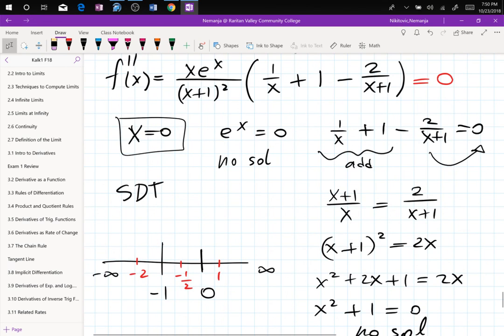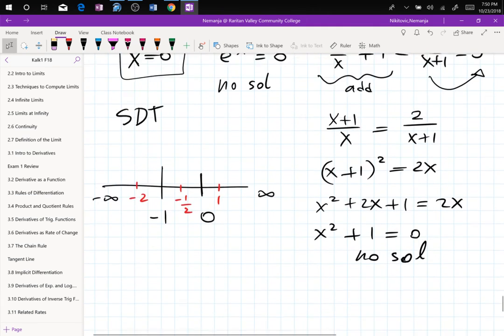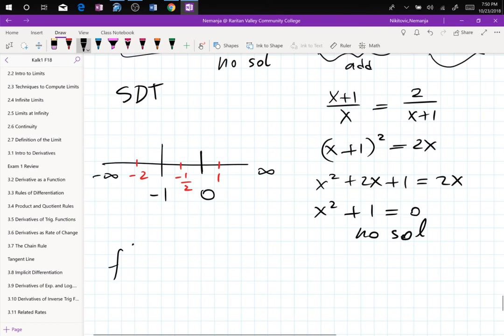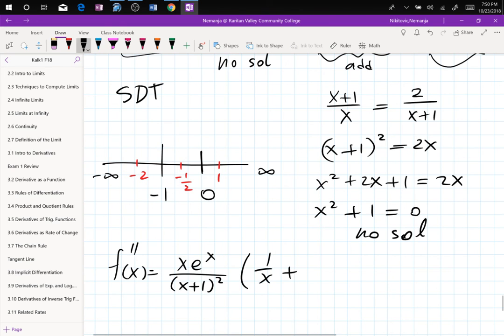No, we don't. We just want to know whether the thing is positive or negative as we compute these. So let me copy the second derivative over here, which is x e to the x over (x plus 1) squared times (1 over x plus 1 minus 2) x plus 1.